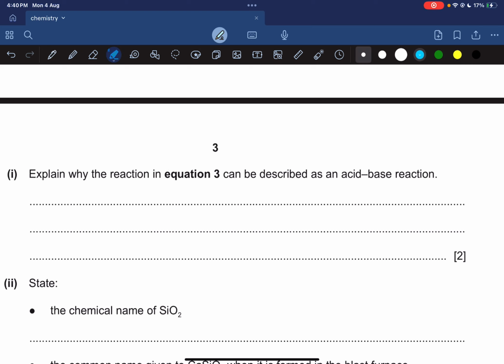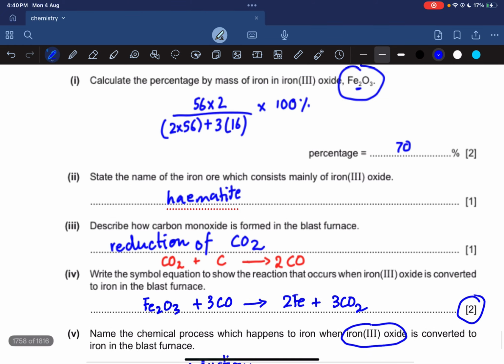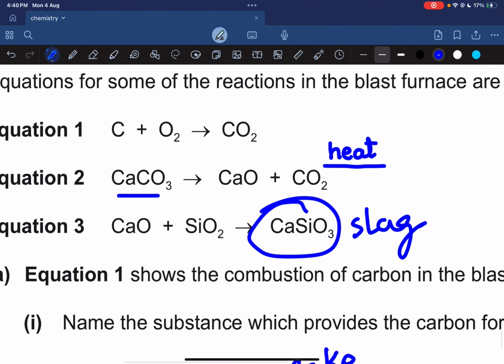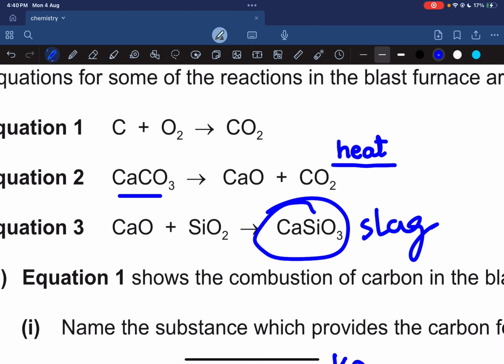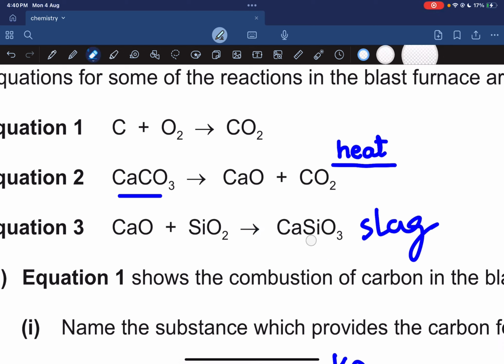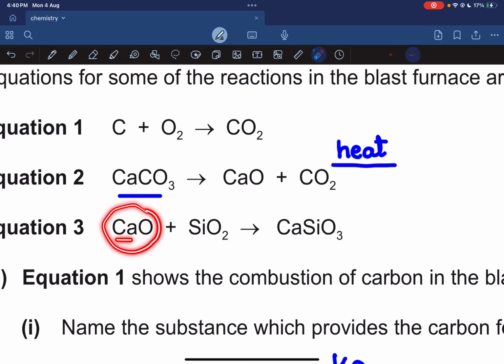Moving on, explain why the reaction in equation 3 can be described as an acid-base reaction. Okay, so we need to have an acid in it firstly, and second, we need to have a base in it. So let's see in equation 3. We have this oxide, calcium oxide, and calcium is a metal. And over here we have silicon dioxide, and silicon is a non-metal.